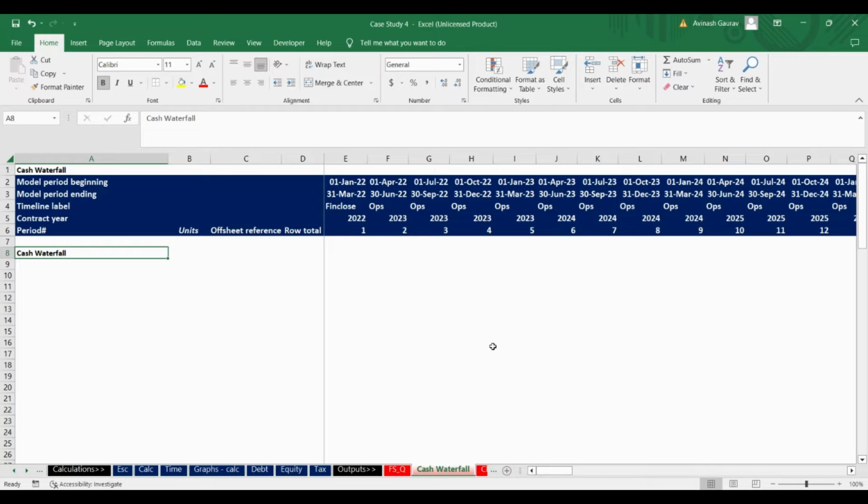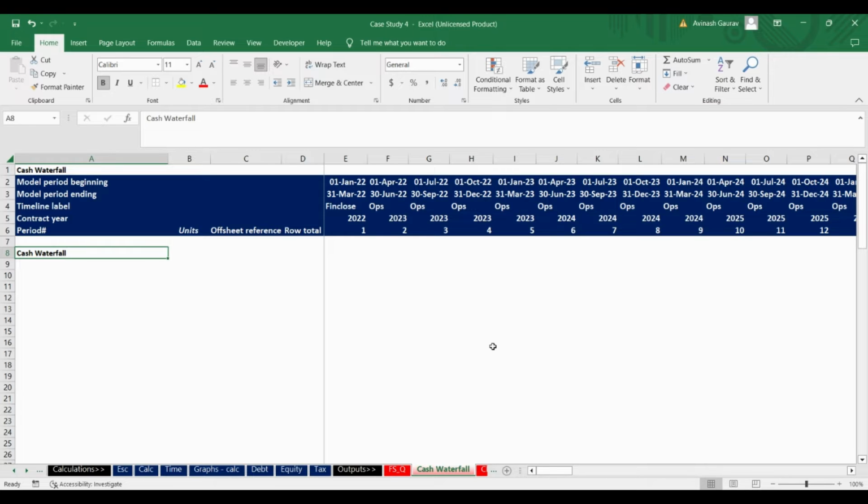Okay, so now in this particular example, we are going to calculate the cash waterfall. We are going to build this mechanism in our model, and the sector we are considering right now is the solar sector, right? You can see the timelines on the screen. It's a quarterly model actually.